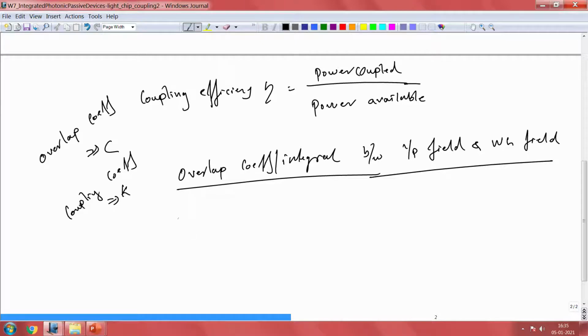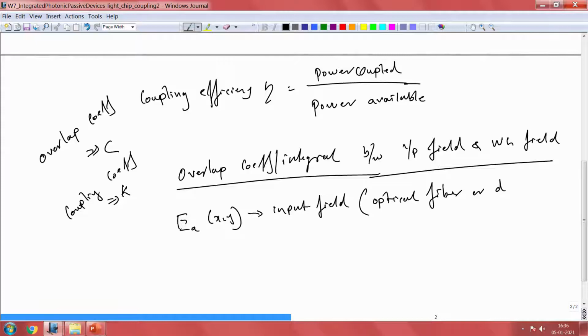So, let us say E_A(x, y) is our input field, and this field could be from an optical fiber or a diode source.